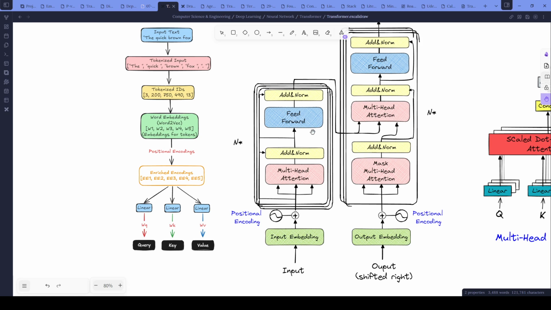The residual connection, as I was saying earlier, helps the network train by allowing the gradients to flow through the network directly. The layer normalization is used to stabilize the network, which substantially reduces the training time necessary.